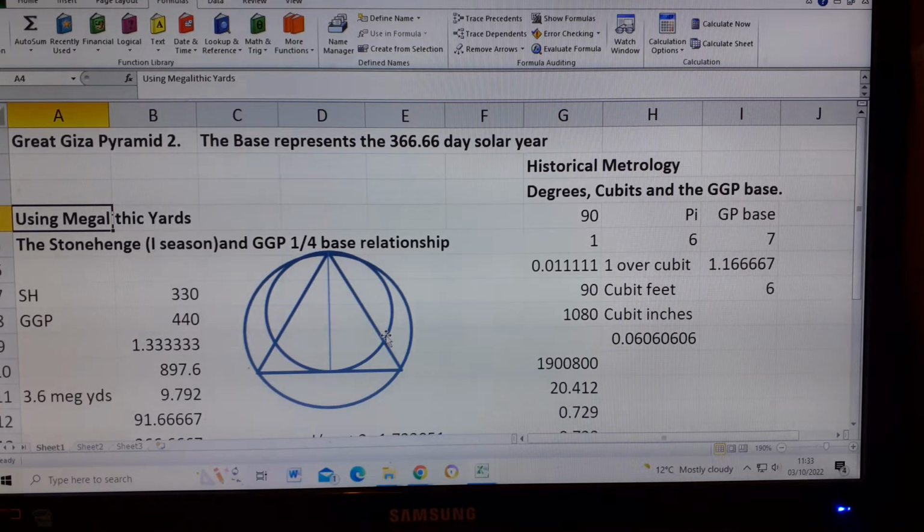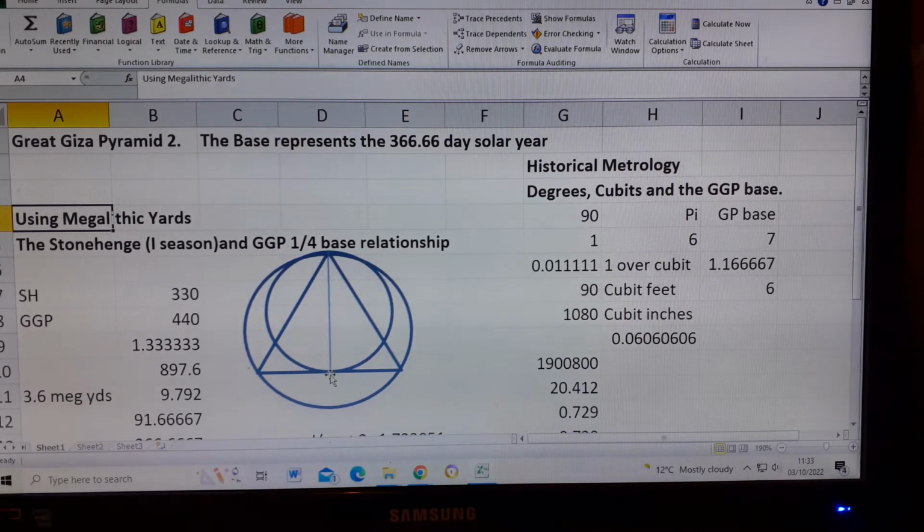So this is representing 1/4 of the Giza base, this circle, but the Giza base is a square. And this is representing the Aubrey circle. And this is the square root of 3 in an equilateral triangle.